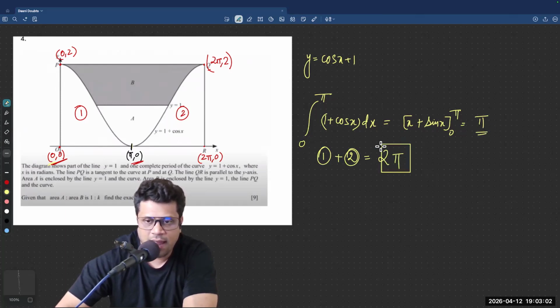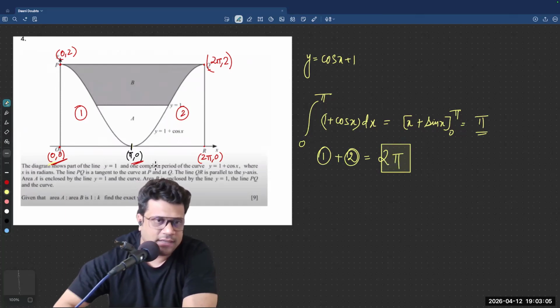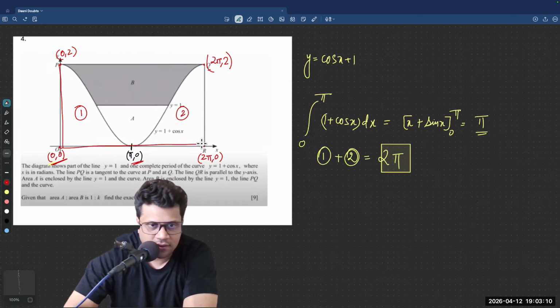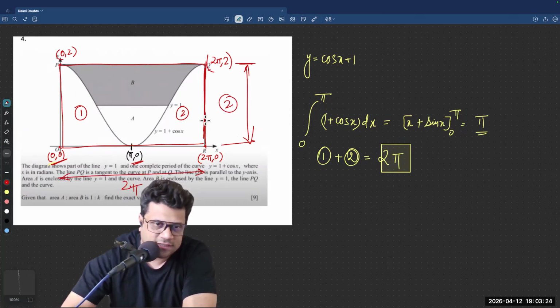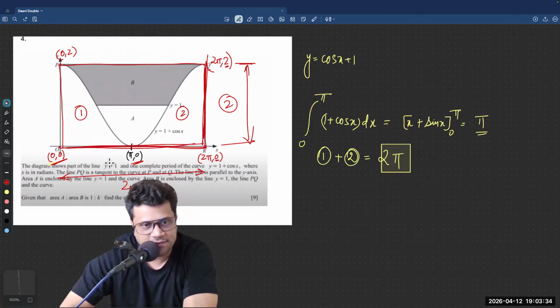Okay. And I also know the dimensions of this rectangle I have here. These are 2 here and exactly 2 pi there. So 2 is this length because the y coordinate of this point is 2 and this point is 0. So of course this height is 2 and this length is 2 pi, 0 to 2 pi, 0 on the x, 2 pi on the x.